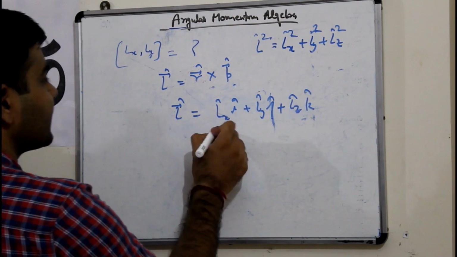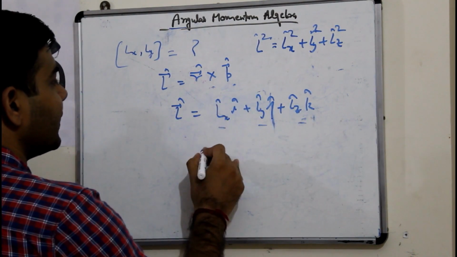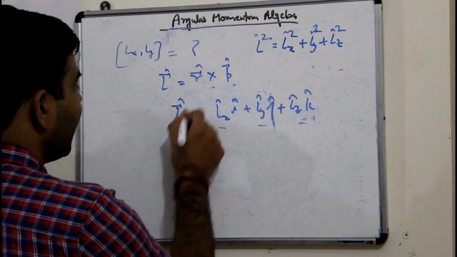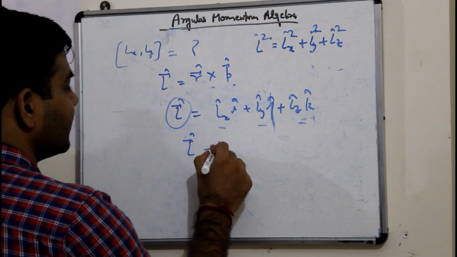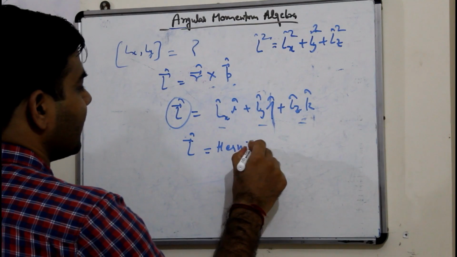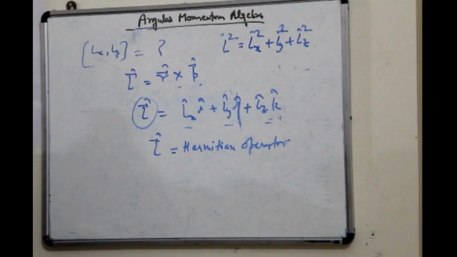Since these components are Hermitian operators, the L hat operator is also a Hermitian operator. Okay, so that's the first thing that we conclude.